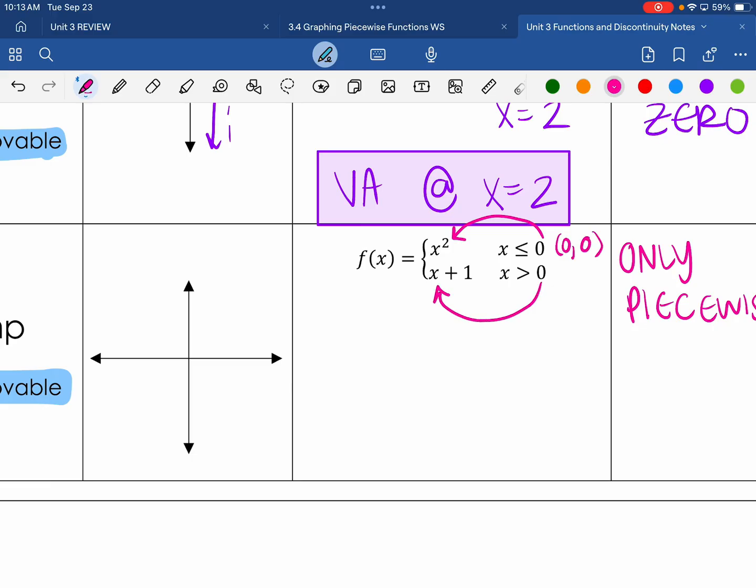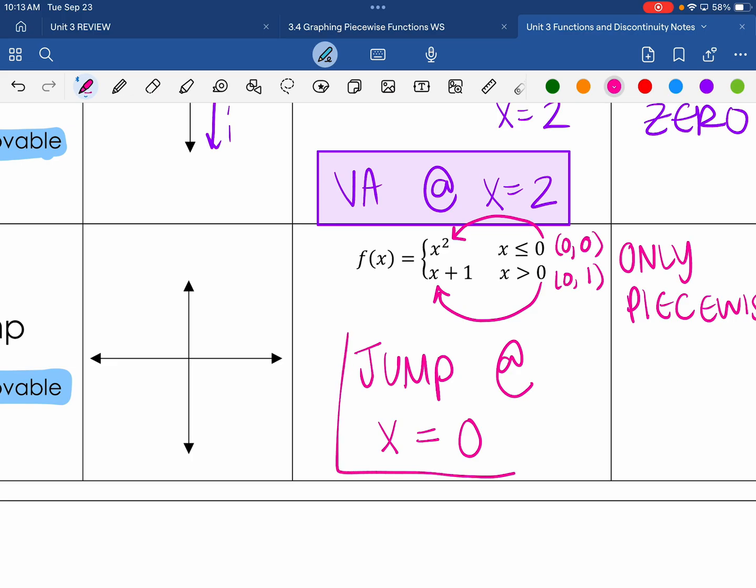And when I plug 0 into x plus 1, what am I going to get? 1. Are those points going to match up? No, one of these is going to end at 0, 0. The other one's going to end at 0, 1. And so we are going to have a jump because they are not going to match. What x value will I jump at? 0. The x value that I'm plugging in, that's where you're going to jump if it doesn't match.